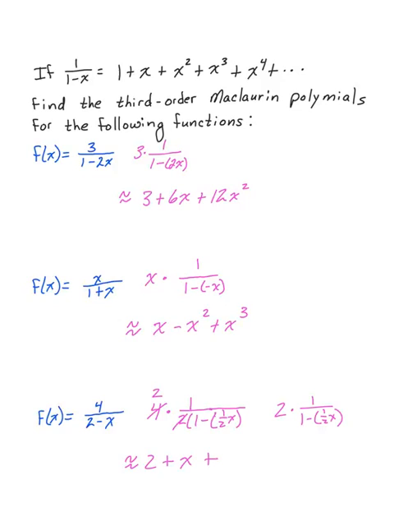And so what that's going to give us then is going to be 1/2 x squared, which we will then multiply by 2. Now what that becomes is 2 times 1/4 x squared, which will be 1/2 x squared. And that is our third order Maclaurin polynomial.